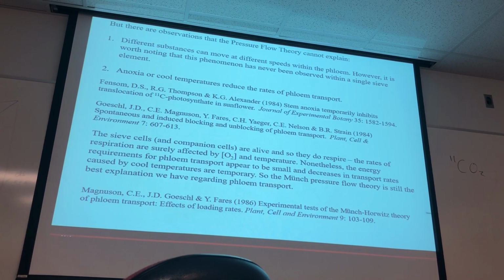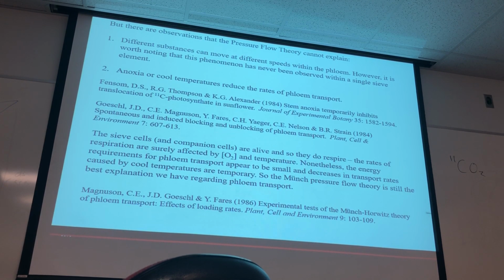So you can feed this leaf 11CO2 and then watch where it goes and change things and watch how things move and change. And it's decaying and turning into whatever it turns into, some other isotope of carbon, right? So it's much more amenable to these types of experiments.